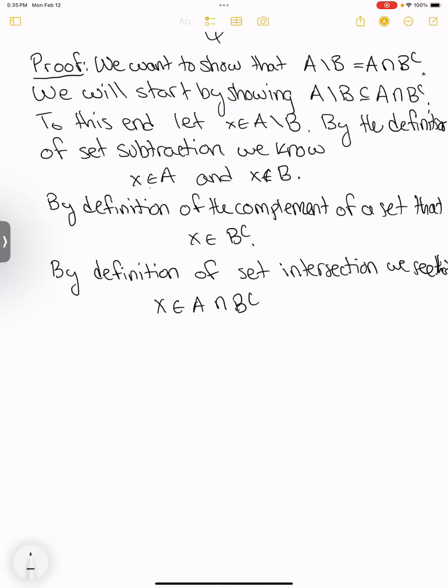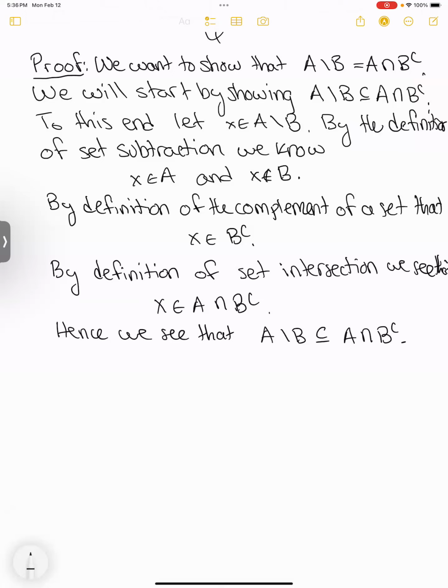It's in A and it's in the complement of B. That means it's in A intersect B complement. And so hence we see that A set minus B is a subset of A intersect B complement. Yeah, because we took an arbitrary x in A set minus B, and we showed that x is also in A intersect B complement. That's what it means to be a subset.